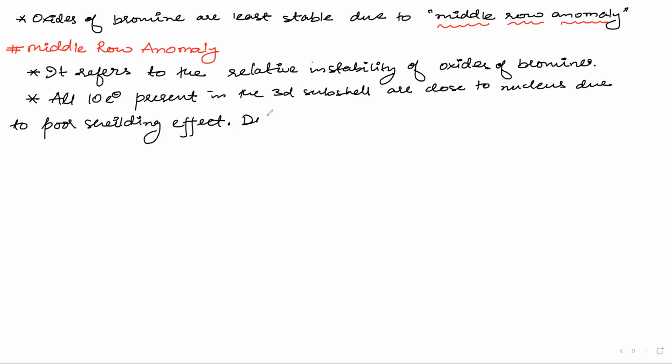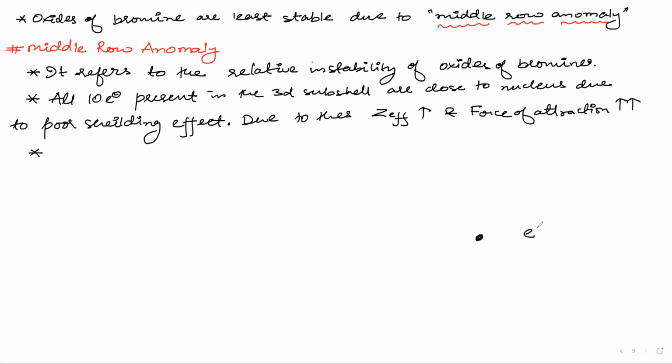Due to this, Z effective increases and the force of attraction will also increase. Hence, the force of attraction is higher between the nucleus of bromine and the valence electrons of bromine.